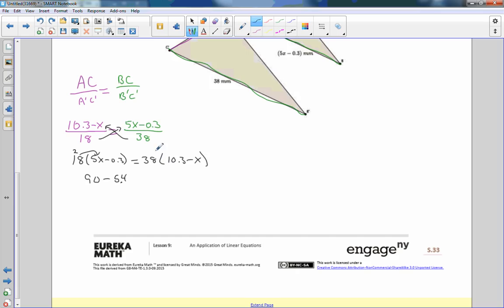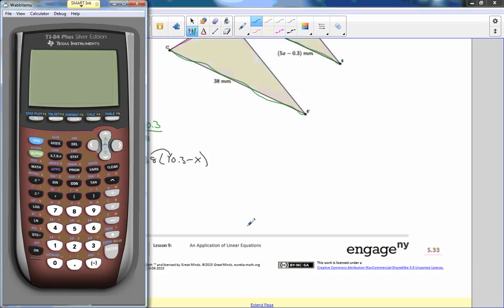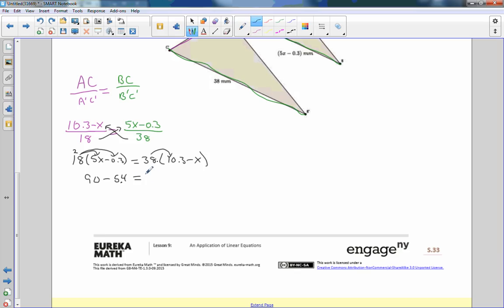And then multiply 38, so I guess I should have shown that. 38 times 10.3, this one's a little bit longer, so I'll just use a calculator. 38 times 10.3, and that's 391.4.